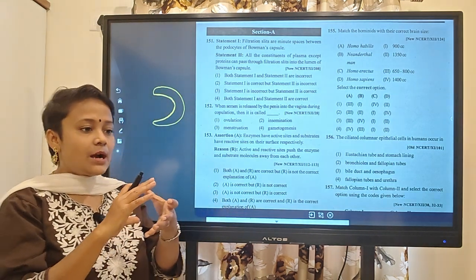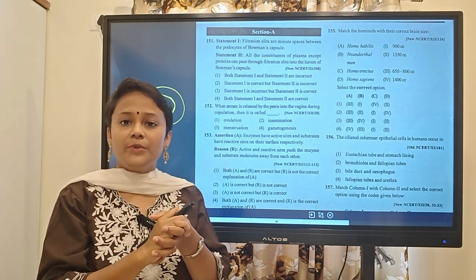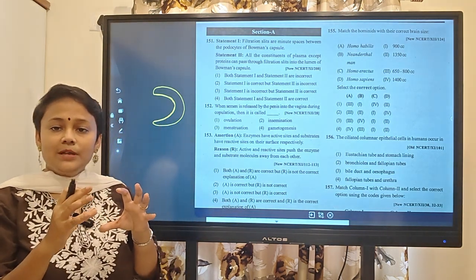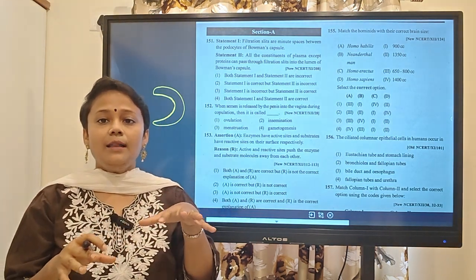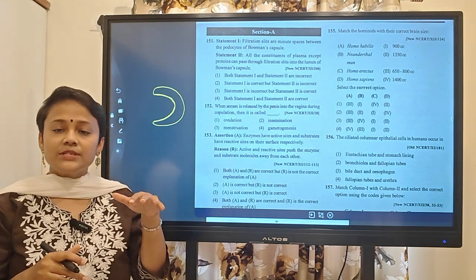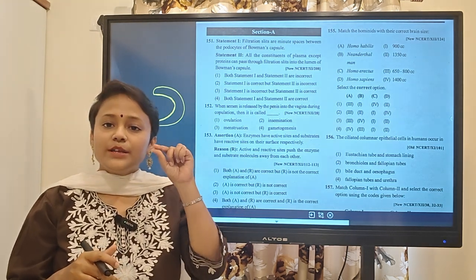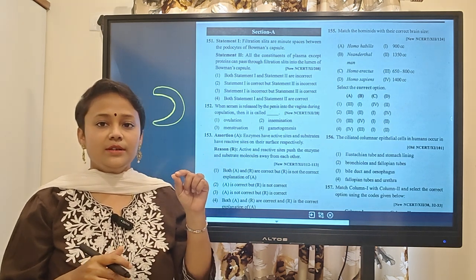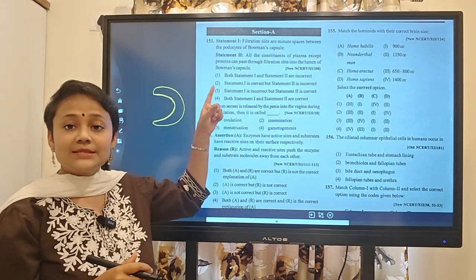So it is completely attached to the glomerulus, and this epithelium will have special finger-like projections, and between the finger-like projections there will be a minute pore or slit. That slit will be called filtration slit.